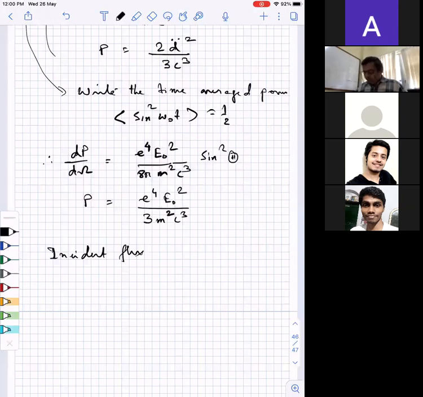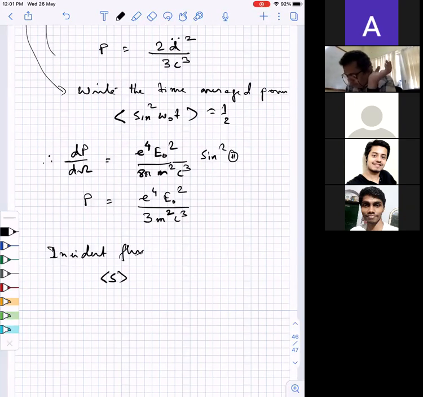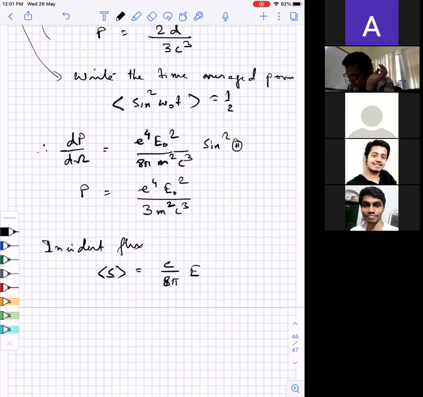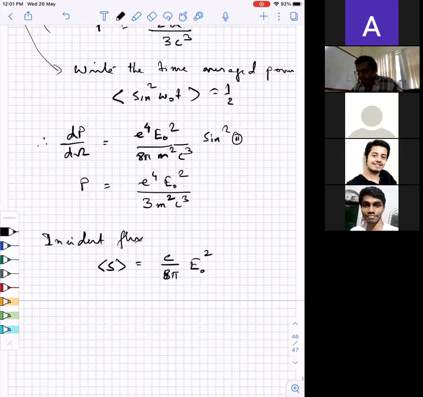Okay, so where I was, the incident flux. The incident flux, your S, the Poynting vector, is basically c by 8 pi times E0 squared. Okay, so remember this.